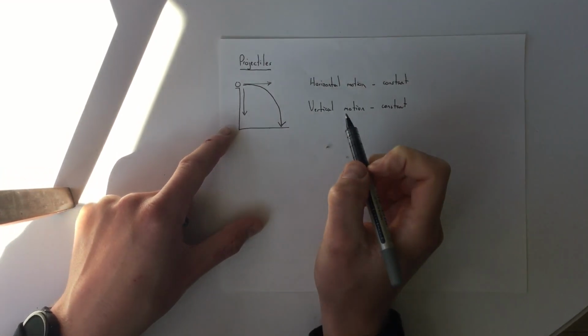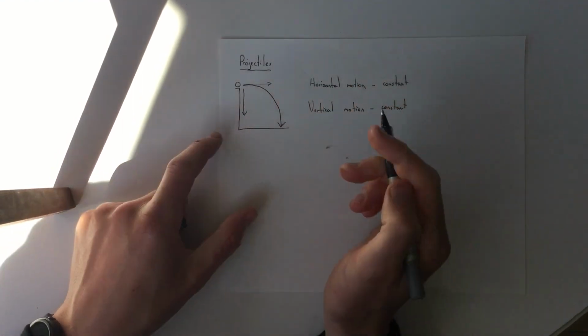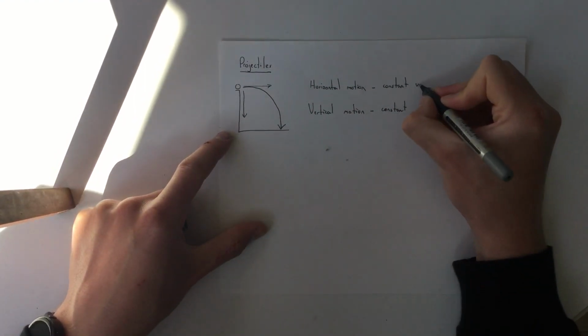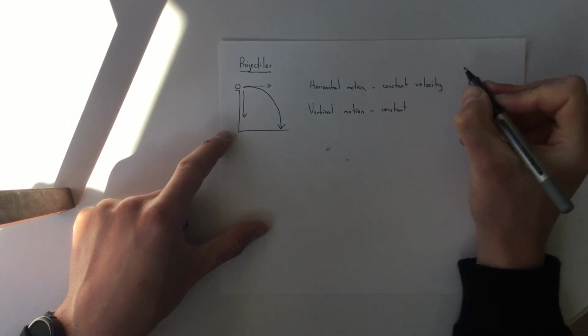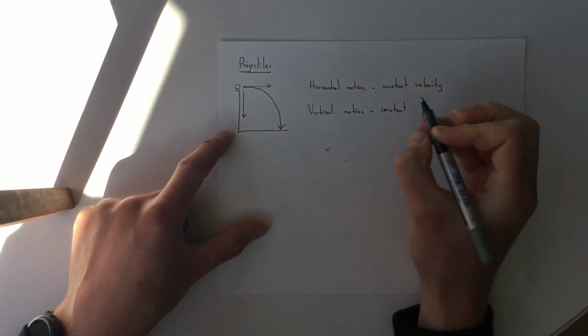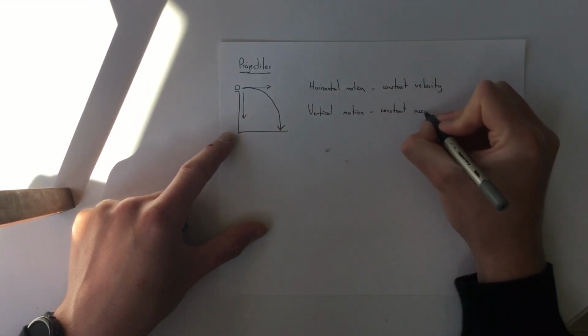When you throw something, and in National 5 Physics we're going to neglect air resistance or any sort of friction, it actually has a constant velocity in the horizontal. Its velocity never changes when you throw it. And in the vertical, it has a constant acceleration.